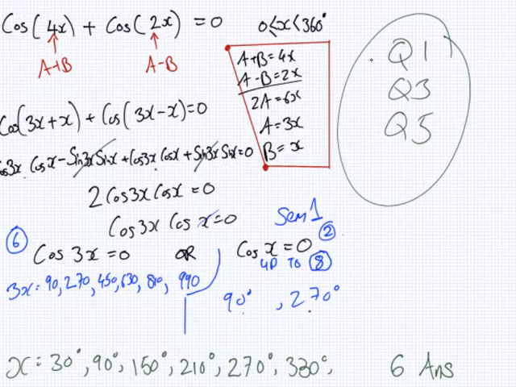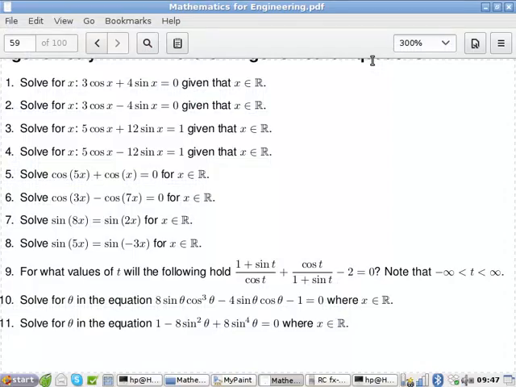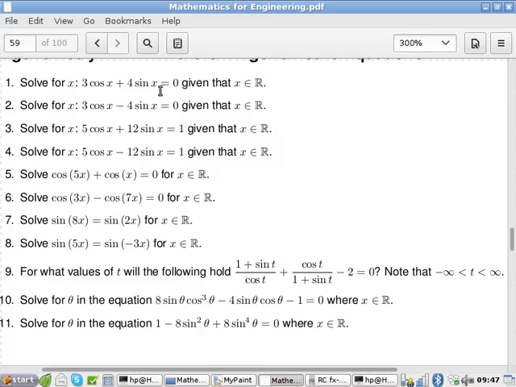But you must earn your cigarette break first. It'll make the cigarette taste better. Do you want to write the questions down before I close it? 1, 3, and 5. And you can change this part here to say 0 to 360. No, 0 to 2 pi. We'll go radians.